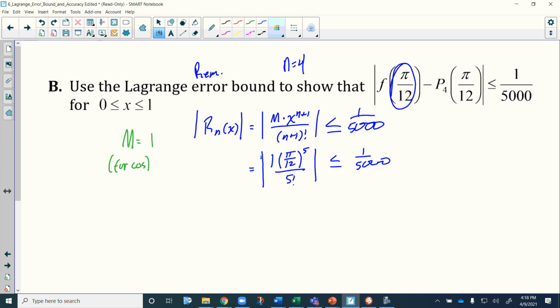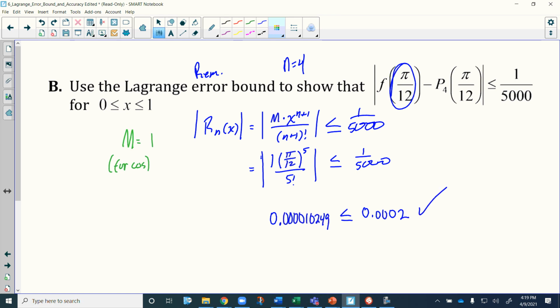When I did that on my calculator, I got 0.00001249 from the absolute value expression. Then I divide 1 by 5,000 and I get 0.0002. So we are good.